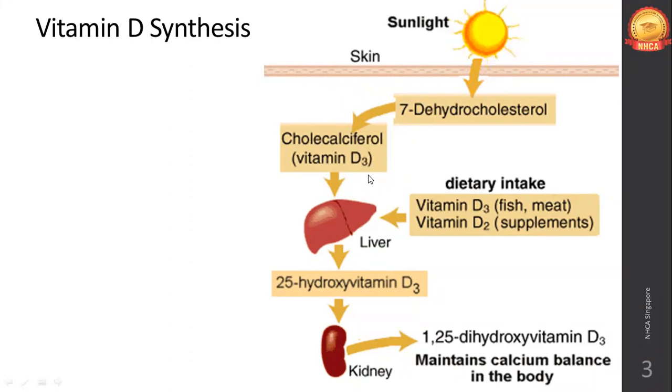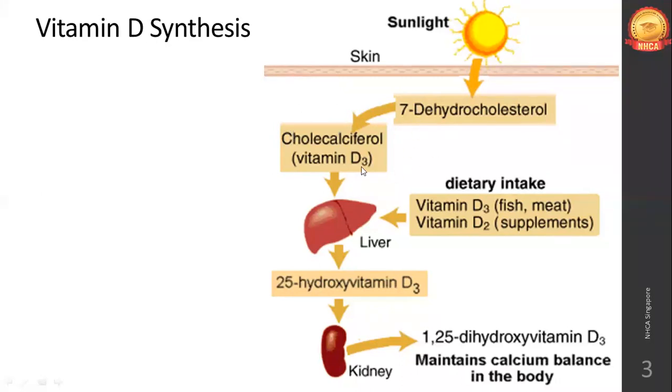What takes place in humans, the way we synthesize vitamin D, is the same way when you eat any animal source of food like chicken, mutton, beef, or anything. The same transformation takes place in the animals also. So you're directly getting this cholecalciferol.